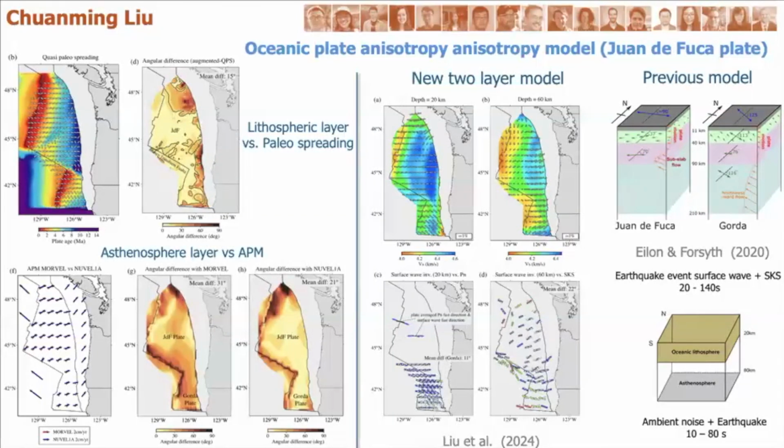Also, in the asthenosphere, in most geodynamic studies, people use the APM model, the absolute plate motion model, to represent the mantle flow directions. Here we use the seismic anisotropy to represent the mantle flow directions and compare with two very popular APM models, one is the Huiwen 1A model, another is the MOVO model.